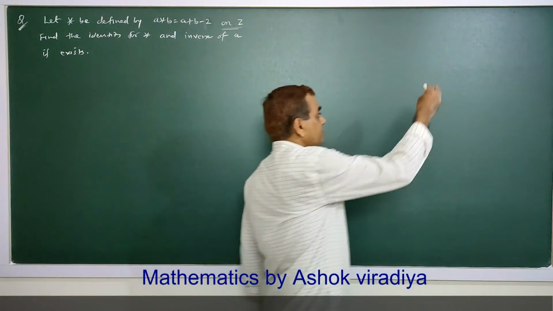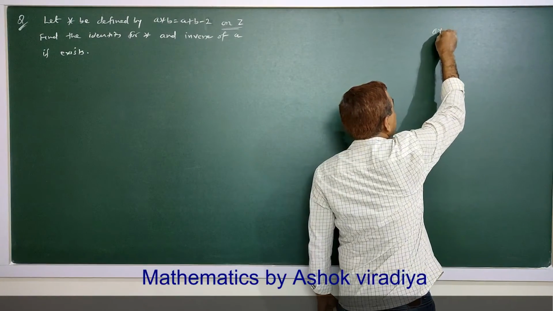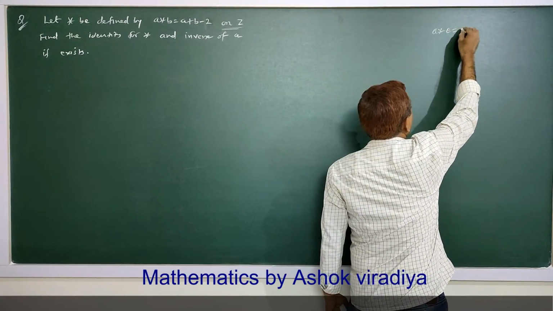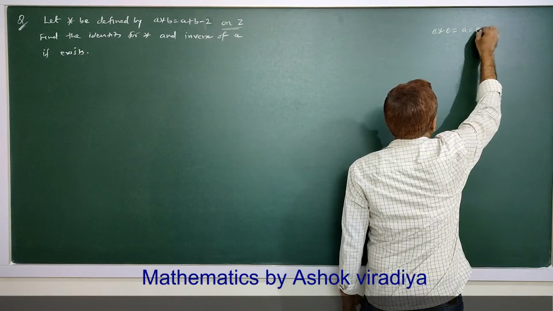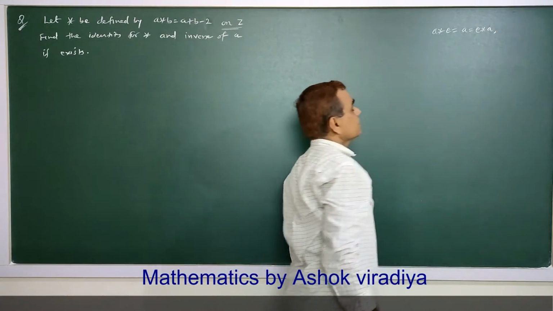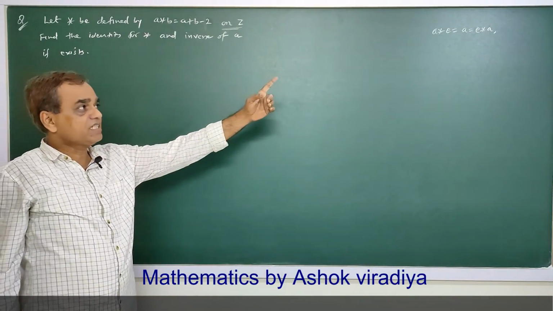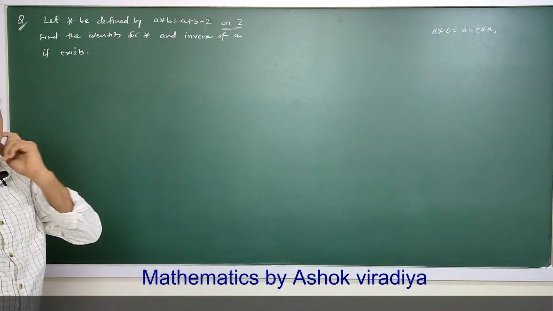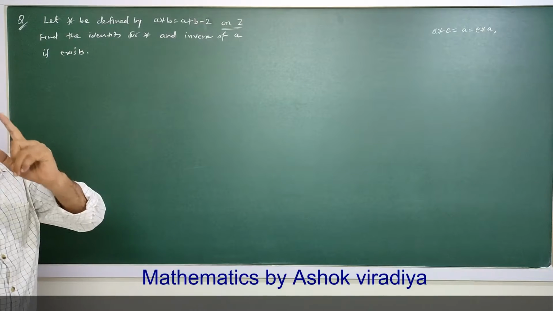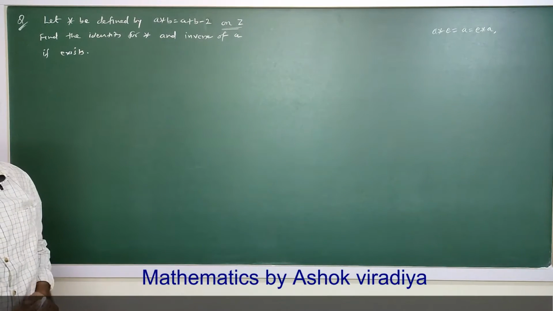We know that to find identity, we will use this property. For every A, if there exists E satisfying this condition, then E is said to be the identity.